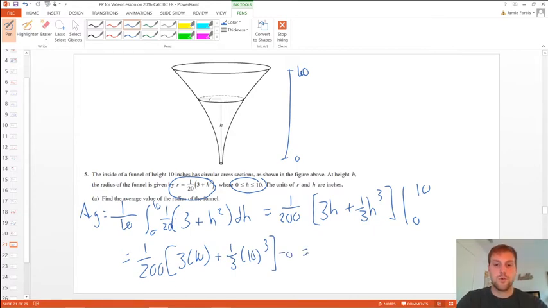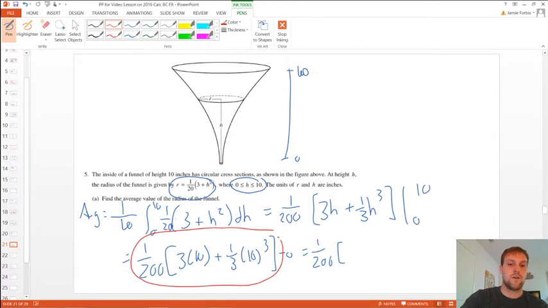This is equivalent to 1 over 200... And honestly, guys, it's Calc inactive. If you left it here, I think you're going to be fine. But the answer key did it all the way, so at least I don't want to jip you from that. So 1 over 200 times 30 plus, is that 1,000 over 3?